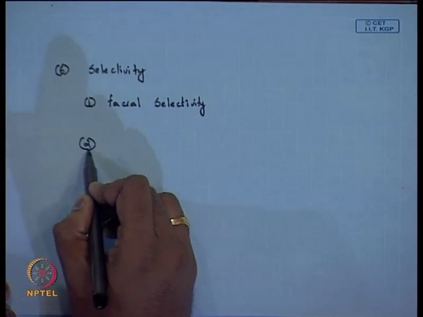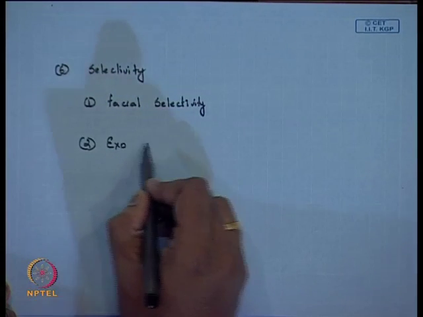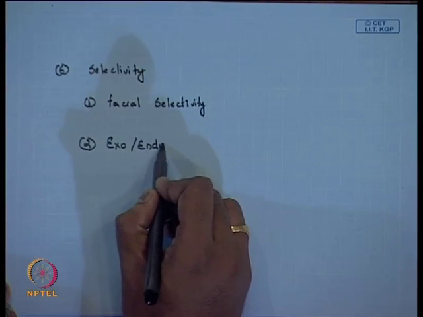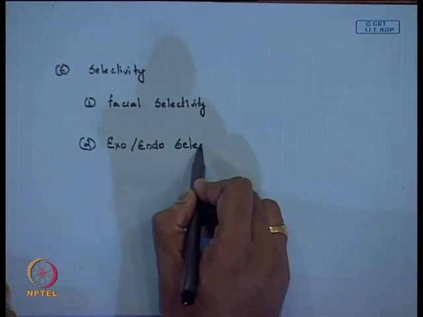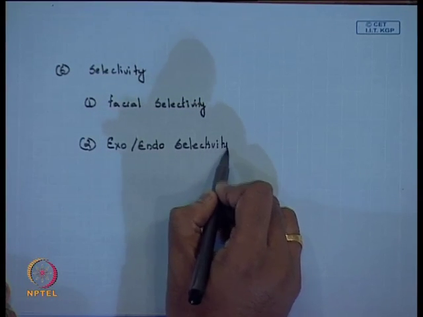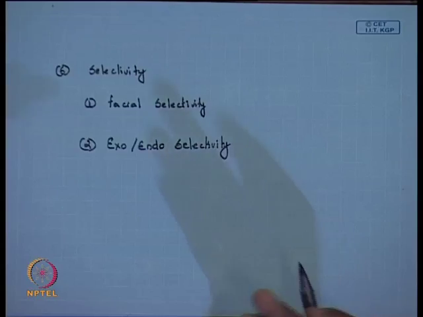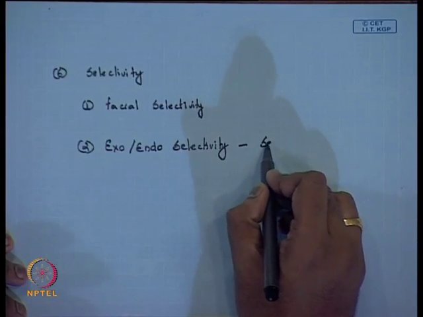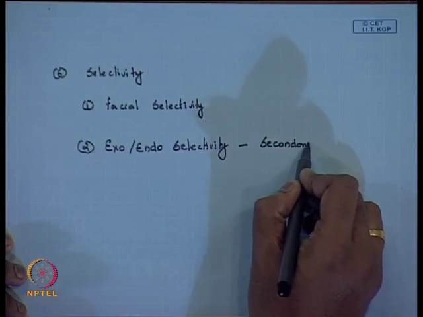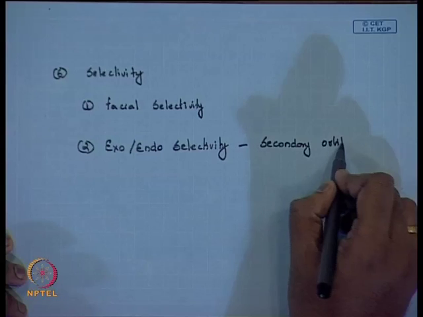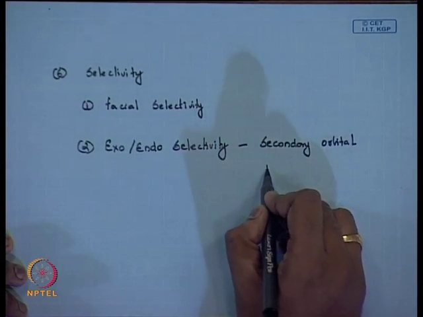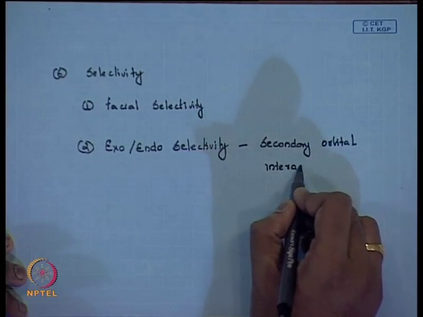After that we worked on our exo-endo selectivity. In exo-endo selectivity we said that endo will be favored because of its secondary orbital interaction.